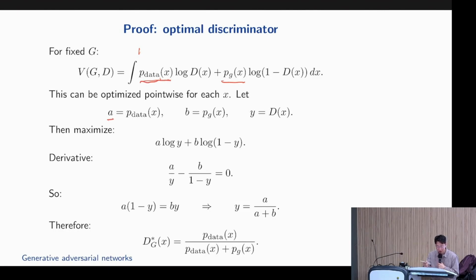This, I'm going to call A. This, I'm going to call B. D of X, I'm going to call Y. So we're maximizing A log Y plus B log 1 minus Y. Let's take the derivative and solve for Y. That's equal to A over A plus B. So the optimal discriminator, given a fixed generator G of X, is P data of X over P data of X plus PG of X.